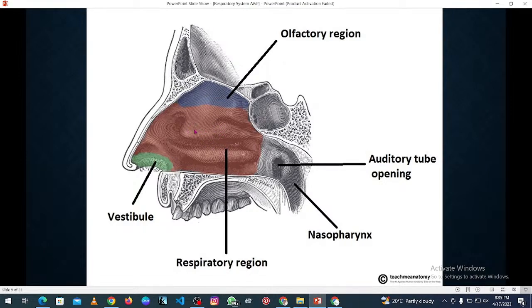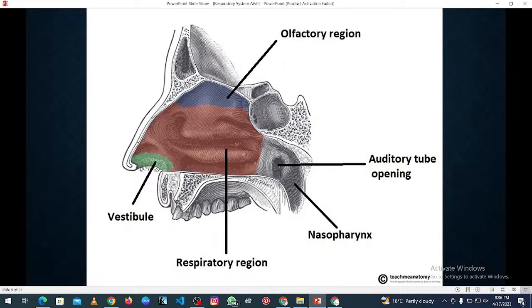So in the respiratory region, we have what is known as respiratory epithelium. It has a very difficult name, pseudo something. In this epithelium, we have several cells, because it is cells that make up a tissue, and epithelium is a tissue.